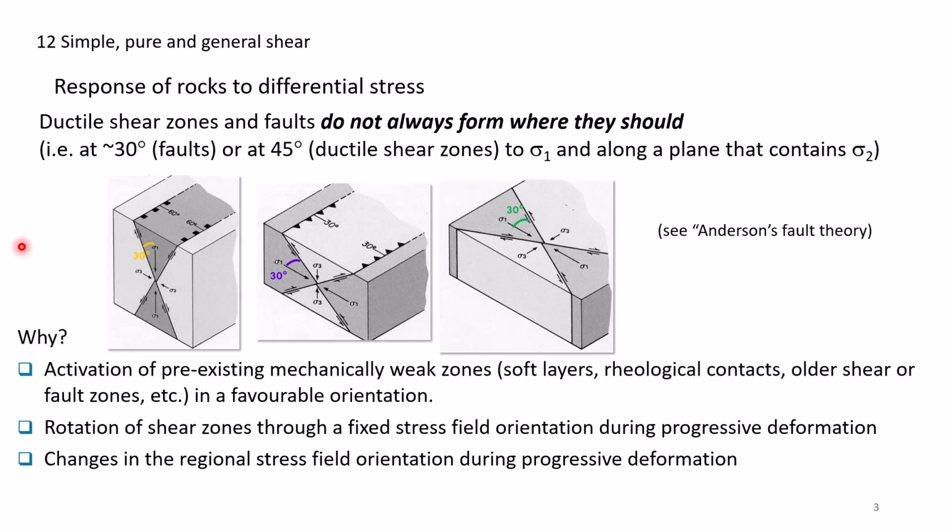Shear zones are strain markers, features that can rotate during progressive deformation and then move out of the favorable orientation of 45 degrees with sigma 1. Similarly, we could have changes in the regional stress field orientation during progressive deformation, and an existing shear zone would remain in an orientation while the principal stress vectors change their orientation.